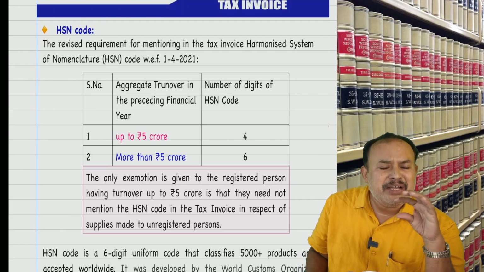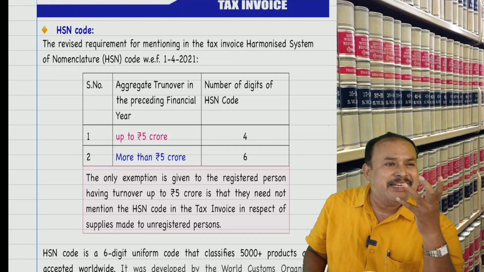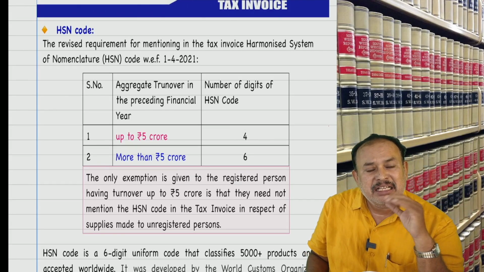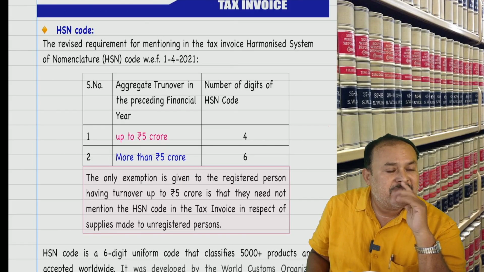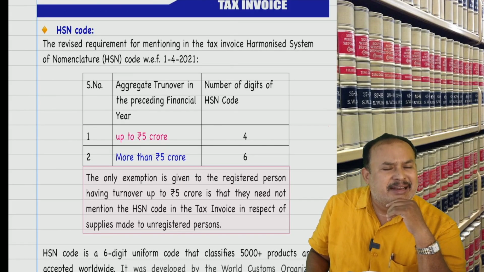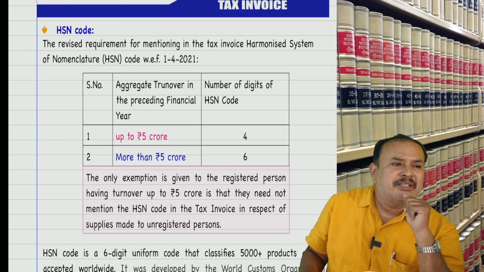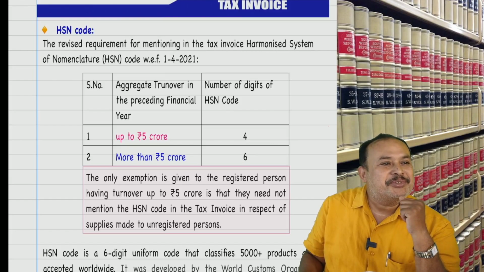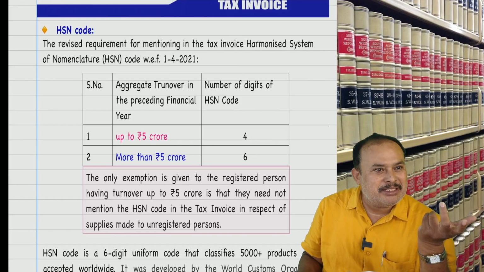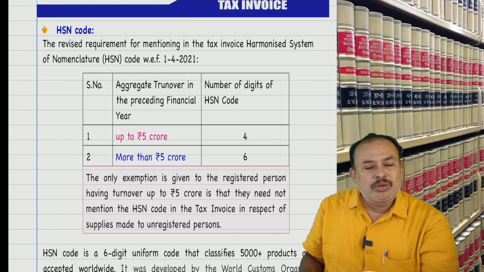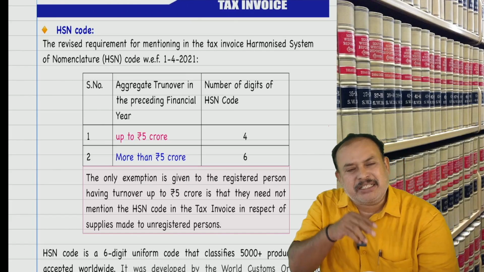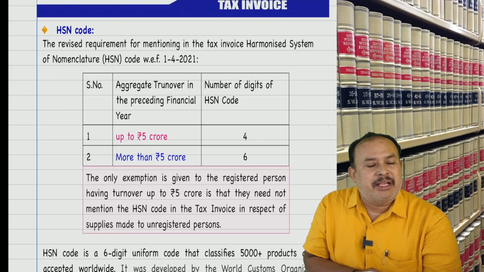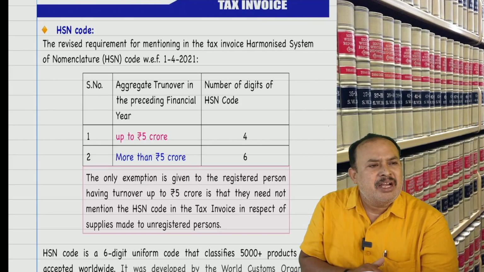Sometimes if I go by the name alone, it may be duplicate. Rice has so many types: basmati rice, idli rice. Get my point, sir? Now, how to differentiate the products with crystal clear clarity? Assign a number. A number cannot be duplicate.